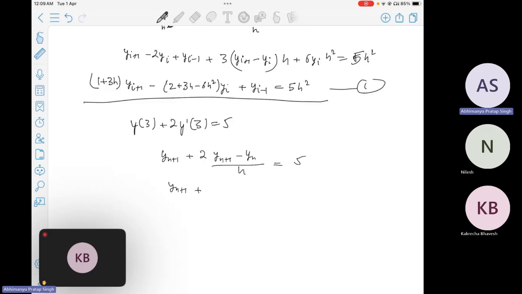So (1 plus 2 upon h) y(n+1) minus (2 upon h) y(n) is equal to 5. So this is the equation for node n plus 1.